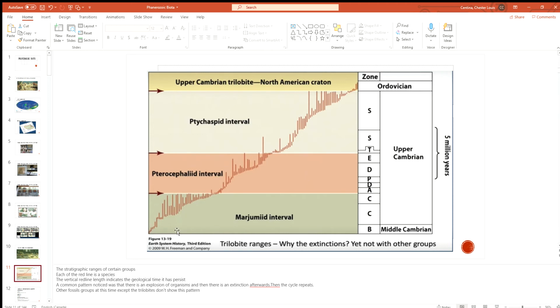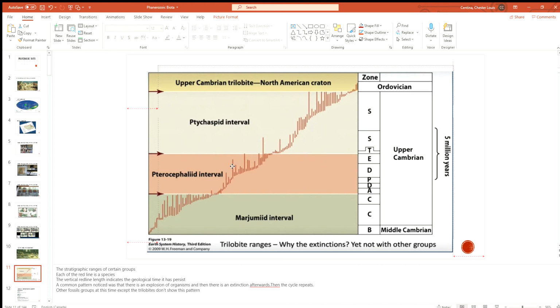This graph just shows you the extinction and appearance of species of organisms. The red line represents each of the species. The length represents the width, or how long that species persisted.